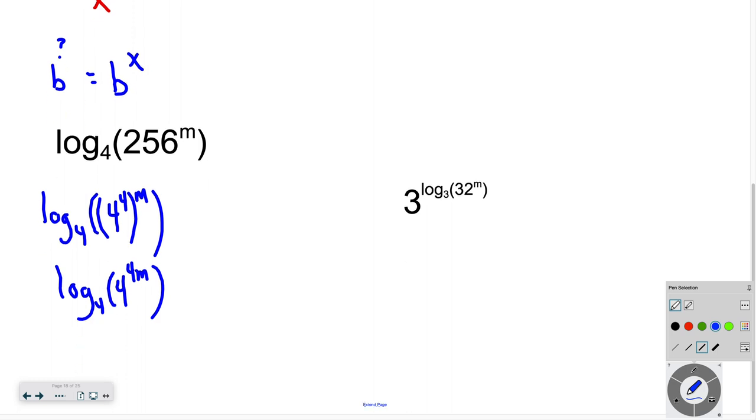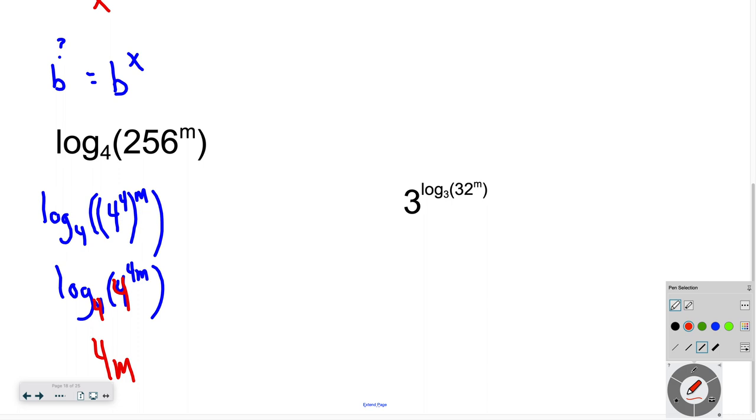So you want to be able to recognize that the base of the logarithm is 4, which is identical to the base of the argument, which is 4. That's an inverse operation. You're just left with what? 4m. Right?